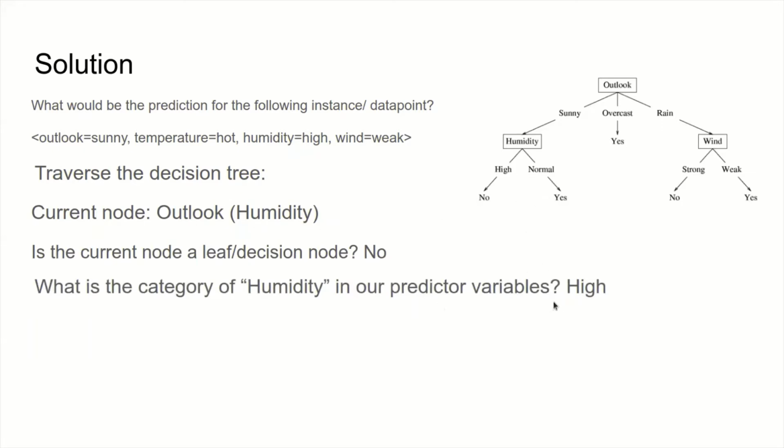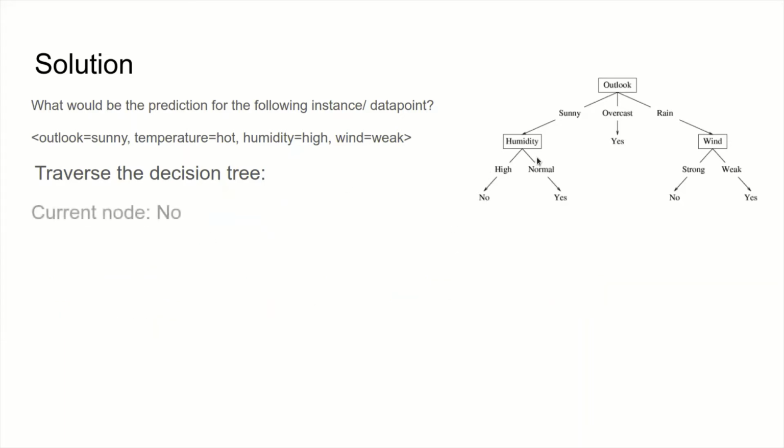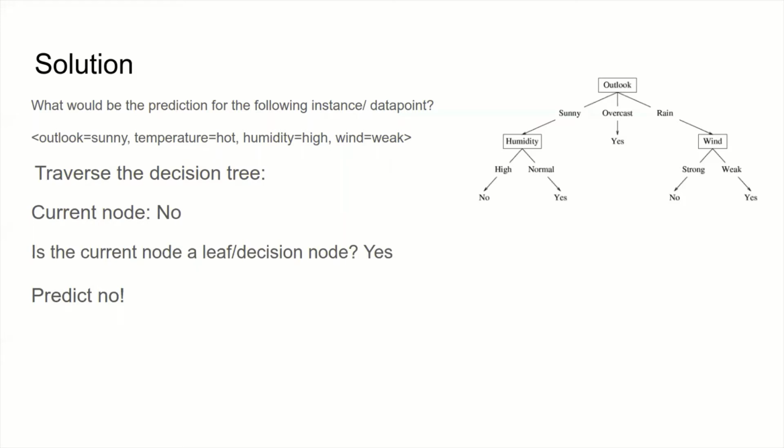In this case, it is high. So we follow the high branch. And finally, the current node that we've got is a leaf node, so we predict no. Was it clear? Does anyone have a question?